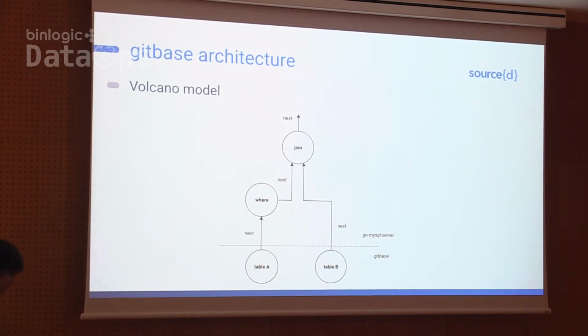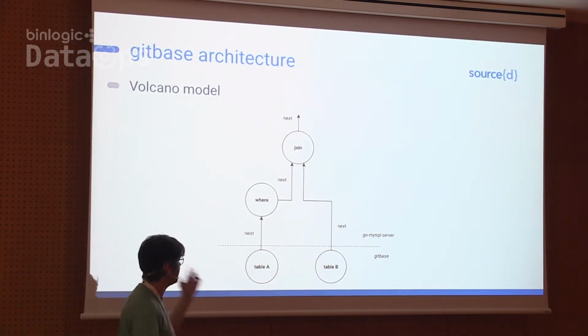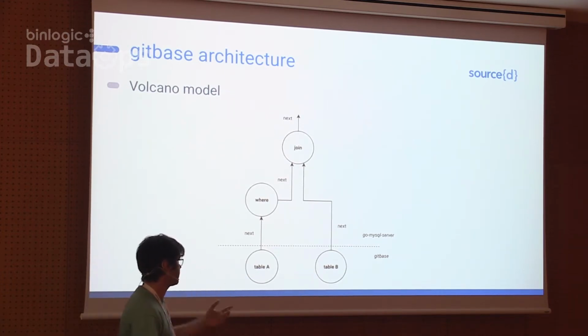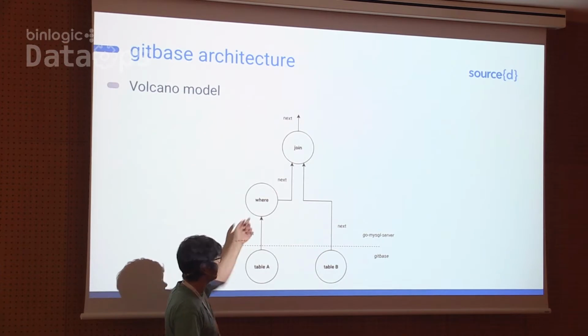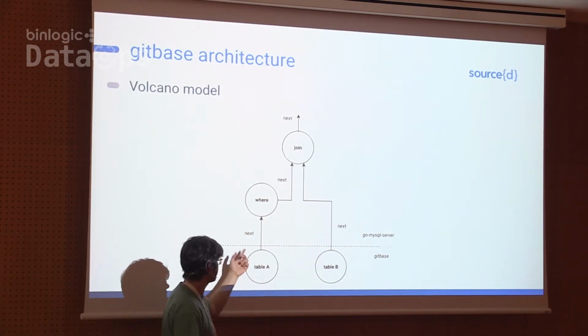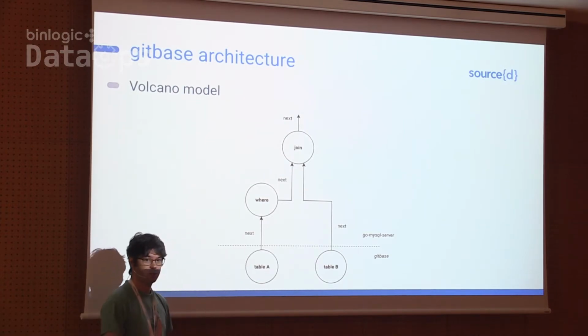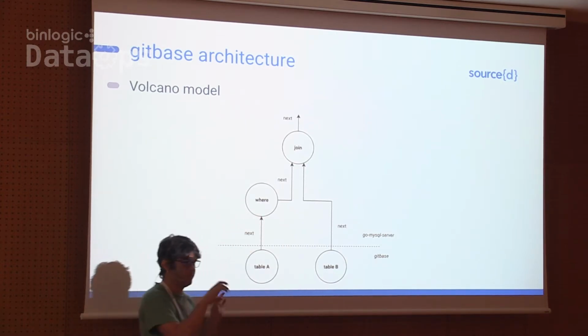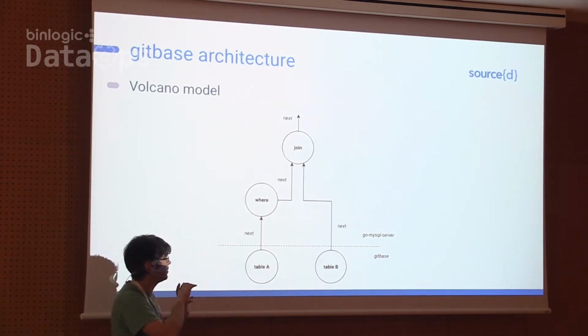Basically, this is a rough graph of the iterator model. What it means is that every node in the logical plan is an iterator. So everything has a next, and you can extract the next row. In this case, we have two tables. The tables have a next method that you can call to extract the next row. So, give me the next one. The filters, the where, are the very same.